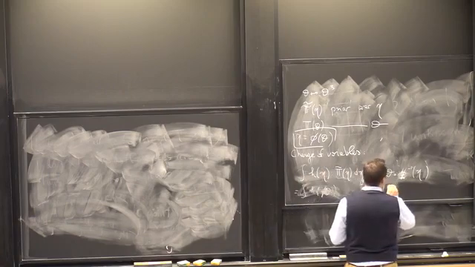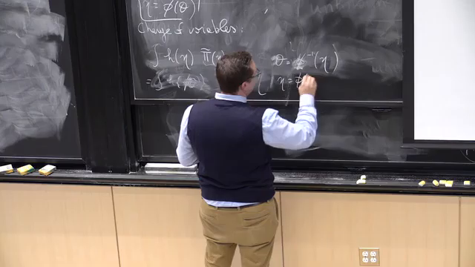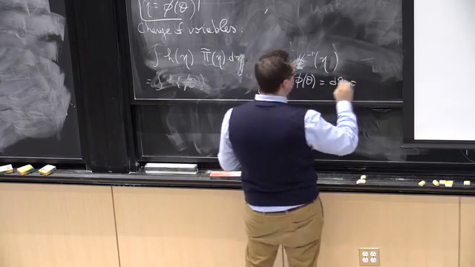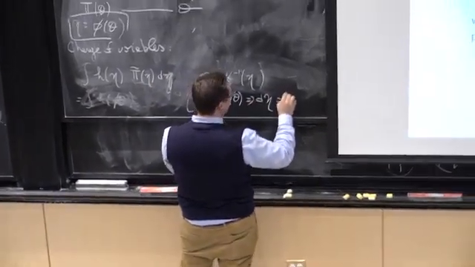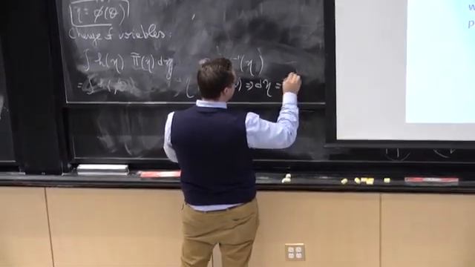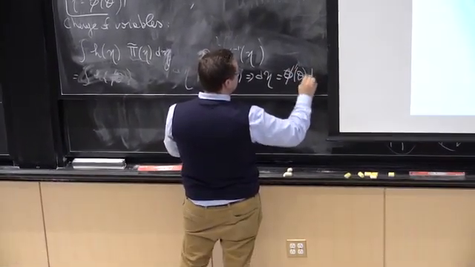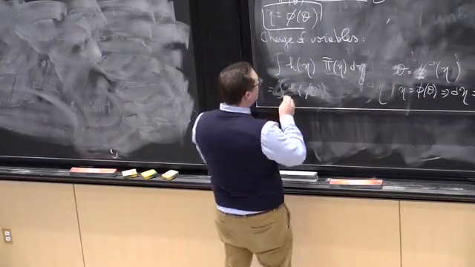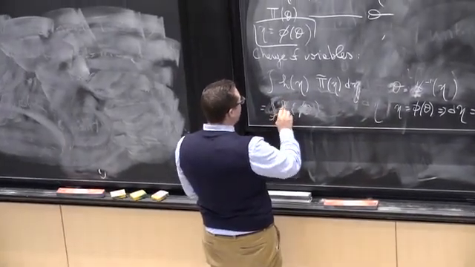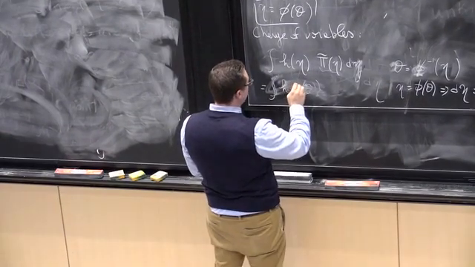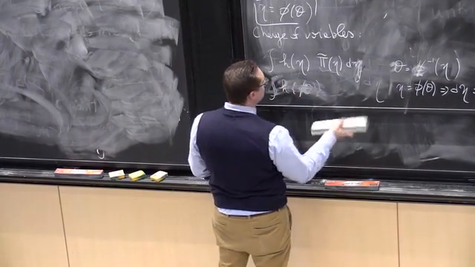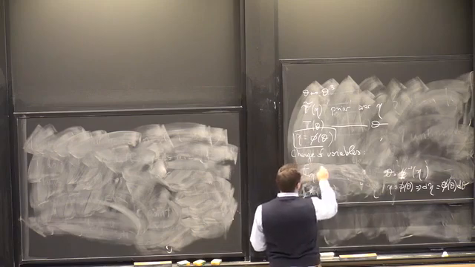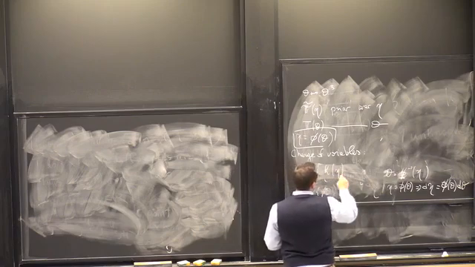So eta is phi of theta, which means that d eta is equal to phi prime of theta d theta. So when I write this, I get the integral of h. Actually, I'm more comfortable writing this as the expectation with respect to eta of h of eta.